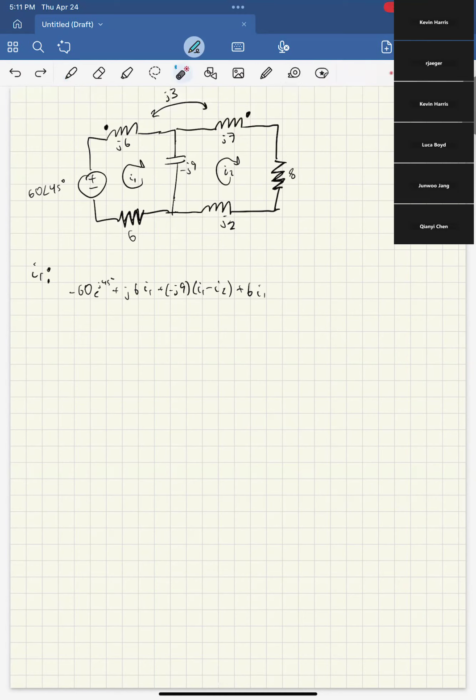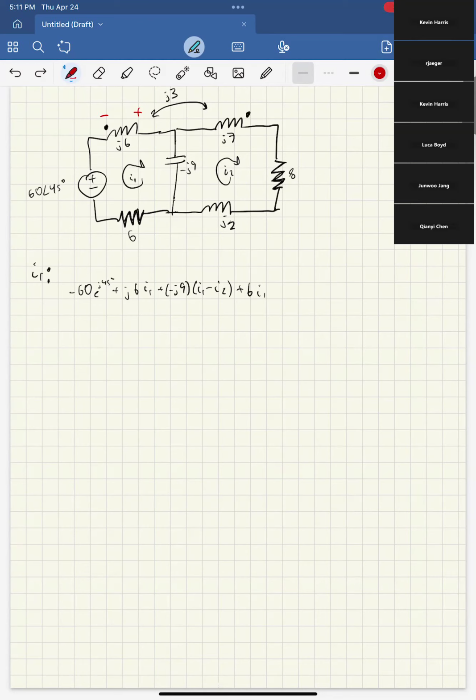We have a current going that way through this inductor. If we have a current going into the non-dotted terminal, then the dotted terminal will be negative. An easier way to think about it is that whichever side the current goes into will be the positive side on the other one. Since current's going into the non-dotted terminal, the non-dotted terminal of the other inductor will be positive.